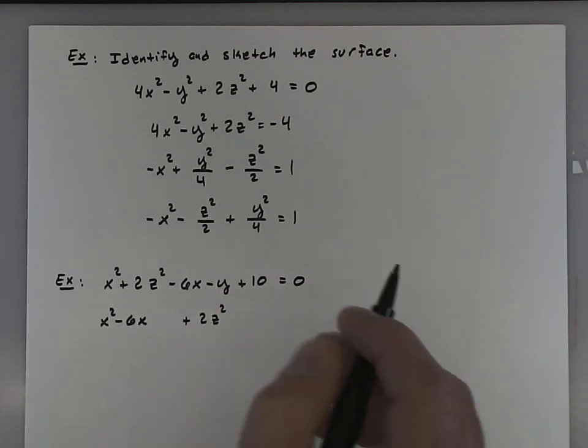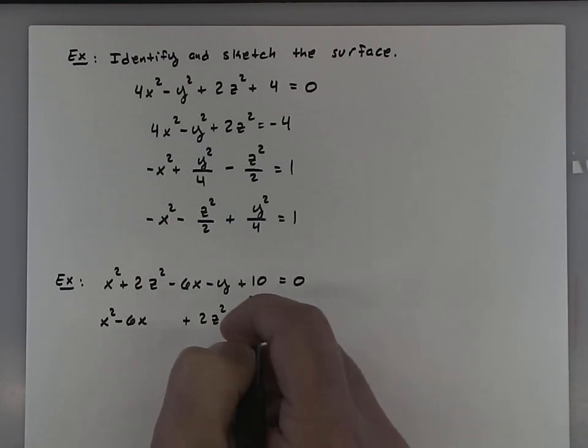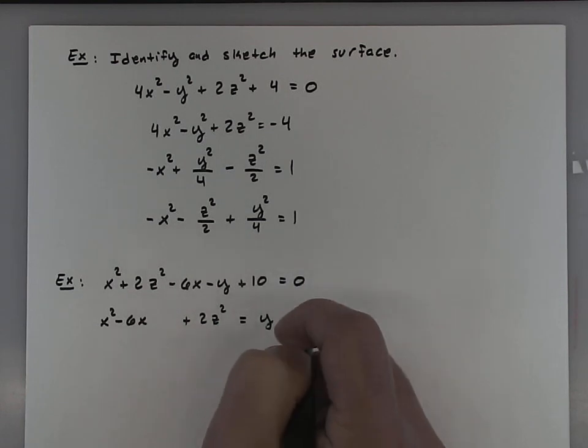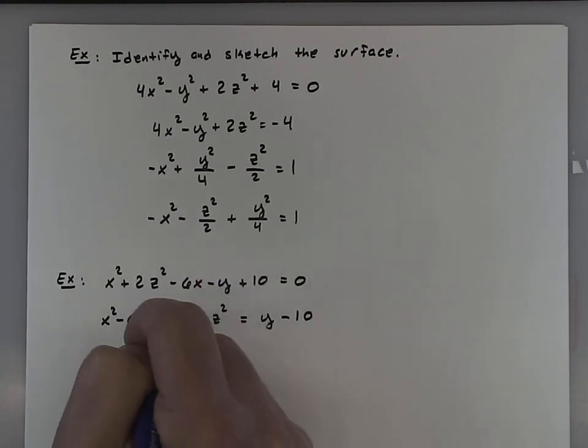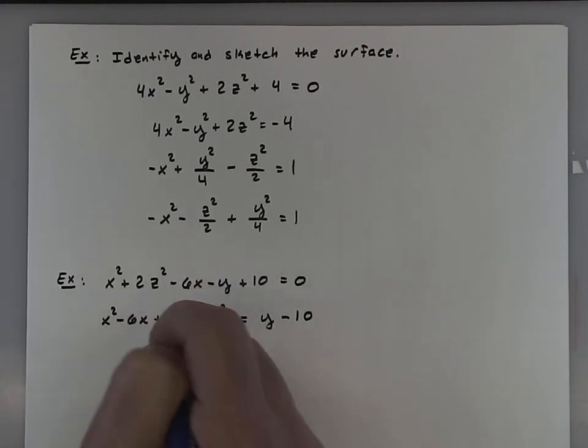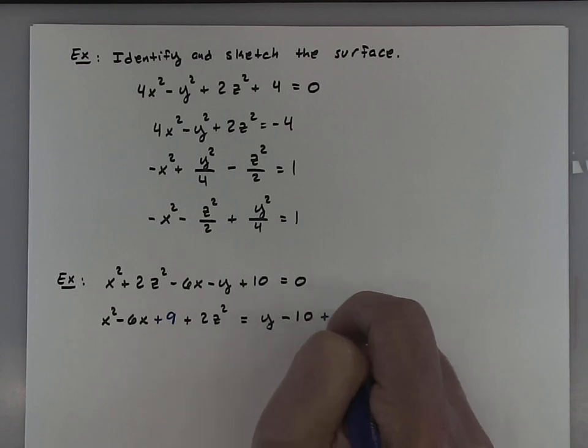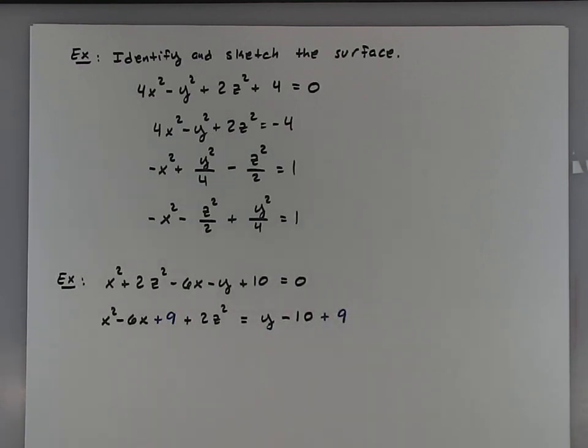I'll move the y term to the other side. So equals y, and then I'll move the 10 to the other side to make it a negative 10. To complete the square, I need to take the coefficient of x, as long as the leading coefficient is a 1, divide this by 2 and square it. So negative 6 divided by 2 is negative 3, squared is 9. If I add 9 on the left side, I gotta add 9 on the right side to balance it out.